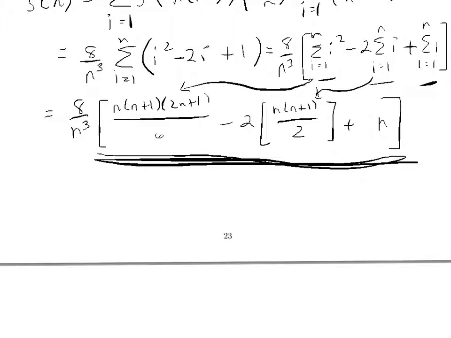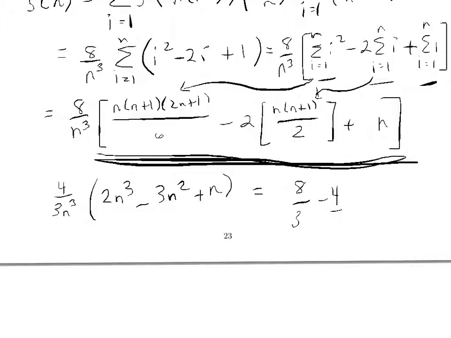But simplifying that, we can get down to 4 over 3n cubed times 2n cubed minus 3n squared plus n. Distributing that, we're left with only one term that doesn't have an n in it: 8/3 minus 4 over n plus 4 over 3n squared.